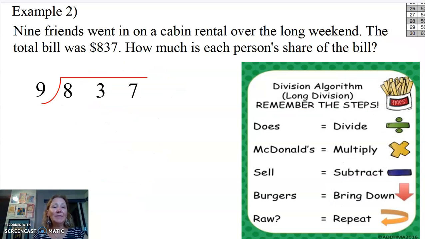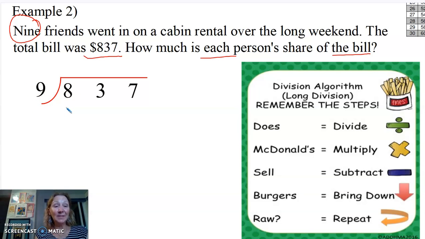Okay, so now I have an example of 9 friends. The total bill was $837, and I want to know what each person paid from the bill. So I'm taking $837 and splitting evenly between 9 people. Now, here's the deal. When I try to figure out how many times 9 goes into 8, it doesn't.